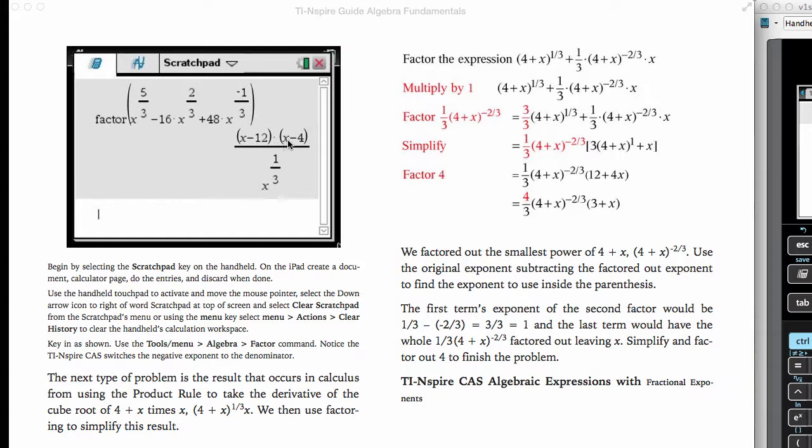So what happened here was that when it factored out the x to the negative 1/3 in the front, the calculator doesn't like to leave negative exponents in the front, so it moved the negative exponent down to the denominator. So again, when you start using your calculator to help you with some of these problems, you're going to have to be comfortable with moving things around.